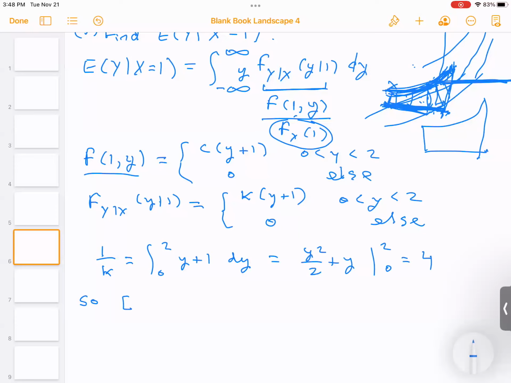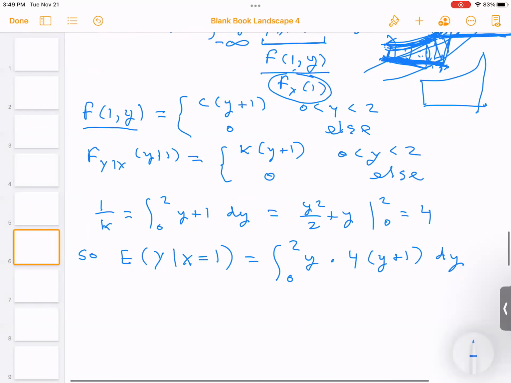So E of y given x equals 1 equals the integral from 0 to 2 of y times f y given x, y given 1. So that's 4 times y plus 1 dy.